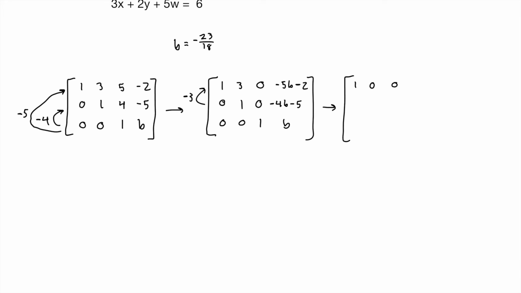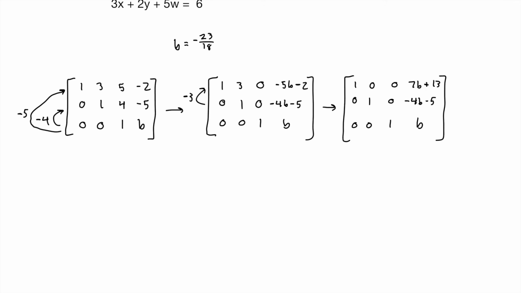And we're going to add that to negative 5b minus 2. So we'll have 12b plus negative 5b is 7b, and then 15 plus negative 2 will be positive 13. And so we'll have 0, 1, 0, negative 4b minus 5, 0, 0, 1, b.